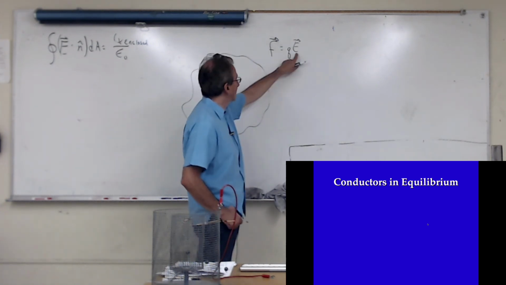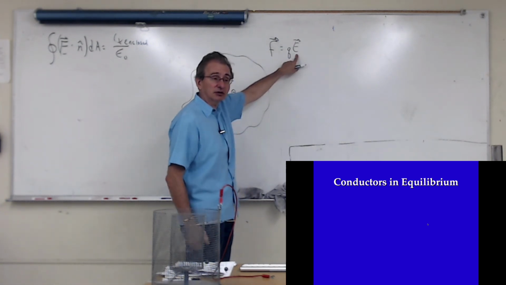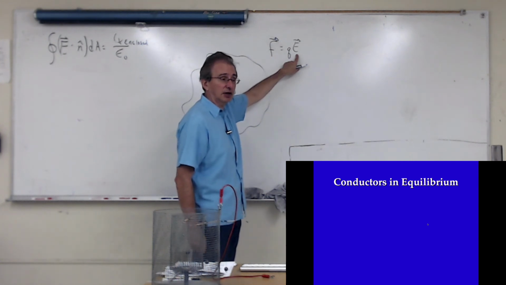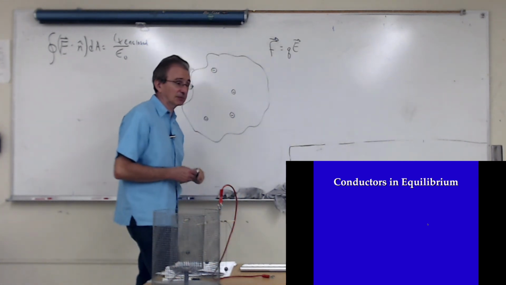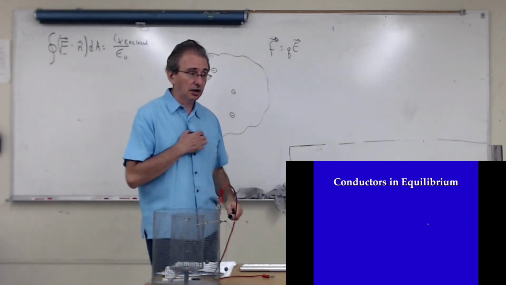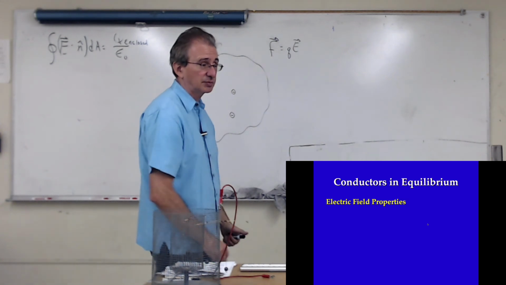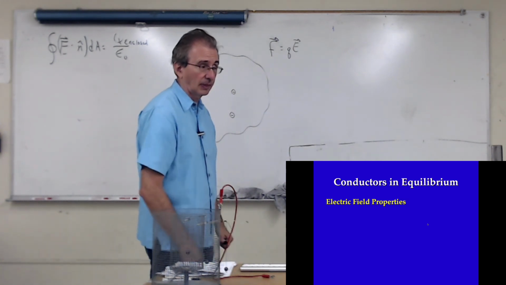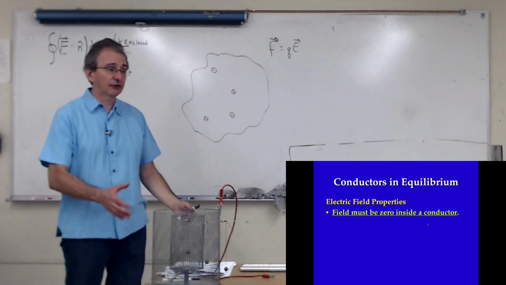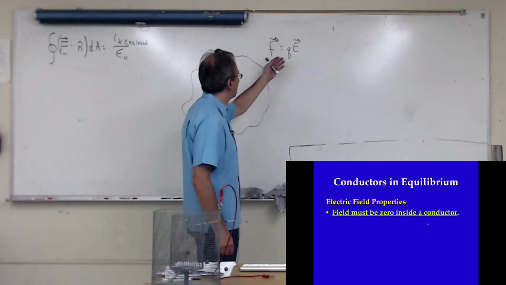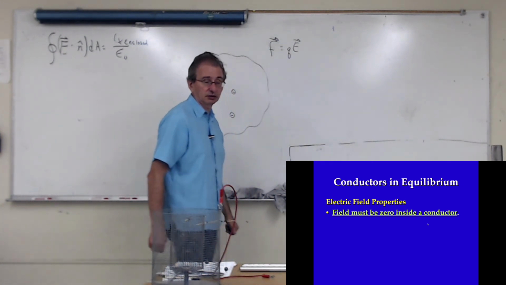That must mean that E has to be 0. So if you have a conductor in equilibrium, the electric field inside has to be 0 everywhere inside the conductor. Otherwise, the charges are going to experience a force. They're going to want to move. So by definition, if F is 0, E has to be 0 inside the conductor.